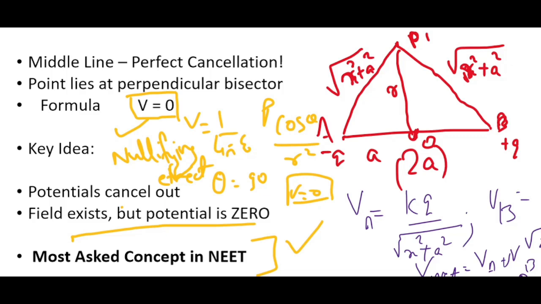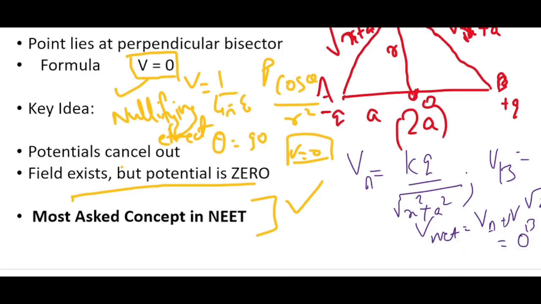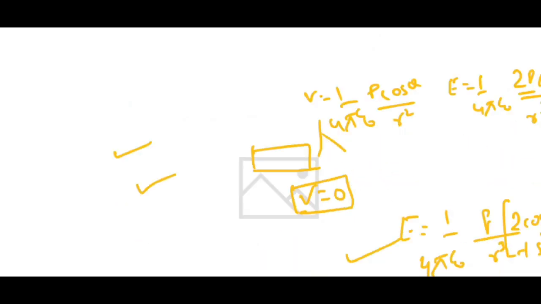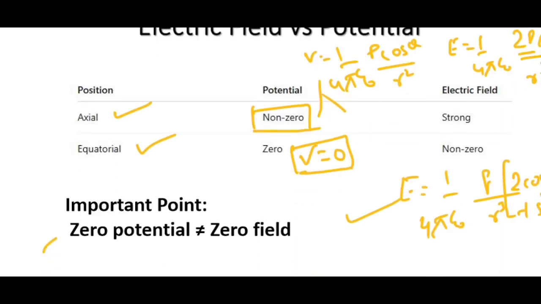Now we move ahead. Once you are done with this, note the basic difference between electric field and electric potential. There is also one derivation for electric field. Just note down both the derivations for electric field as well as potential. Derivation for both are important.